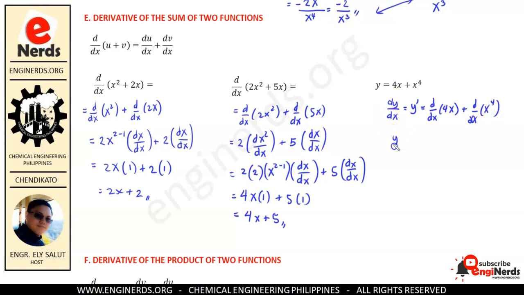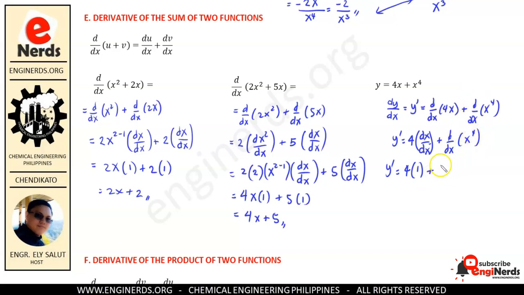So we have y prime is equal to, what's the derivative of 4x? We will separate our constant and then take the derivative of our function, plus here we have the derivative of x to the 4th. So what will happen here? Y prime is equal to 4. The derivative of x is equal to 1 plus, what's the derivative of x to the 4th?